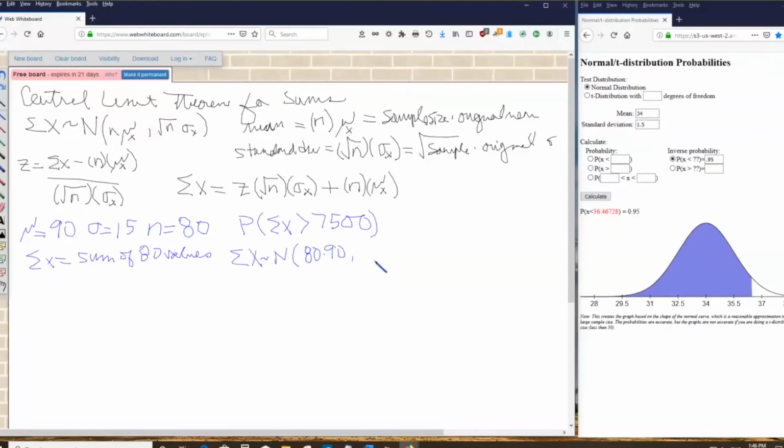And my standard deviation is going to be the square root of 80 times 15.